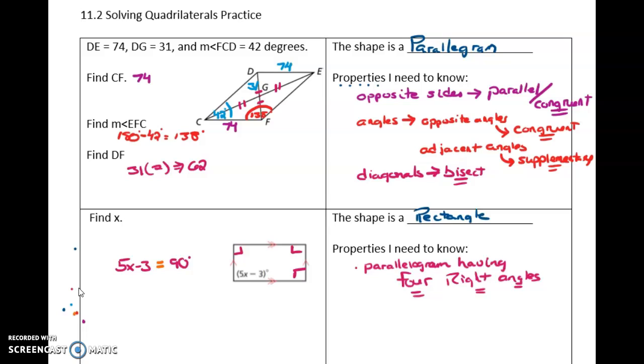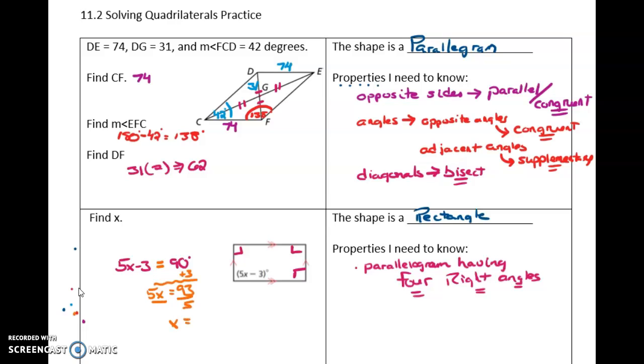So we set them equal and start solving. Let's move the 3 over here, so we get 5x equals 93. Now this is not going to go well. You're going to get a decimal, but that's fine. So let's divide it up. We'll divide both sides by 5.